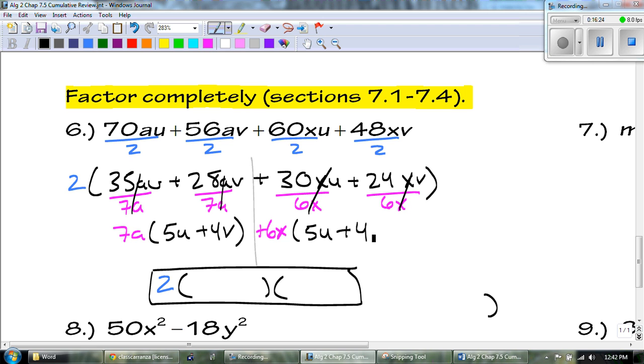My x's cancel, and I'm left with the v. And guess what? Yeah, that's exactly what we needed. The 5u plus 4v. And then we take the 7a plus 6x. And remember, the order doesn't matter, except, yeah, the GCF goes out front, okay?